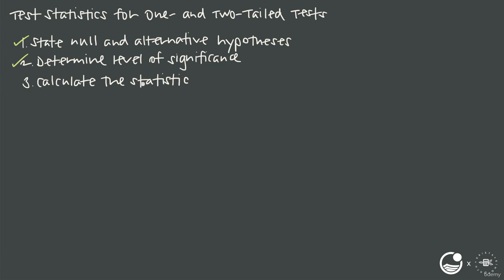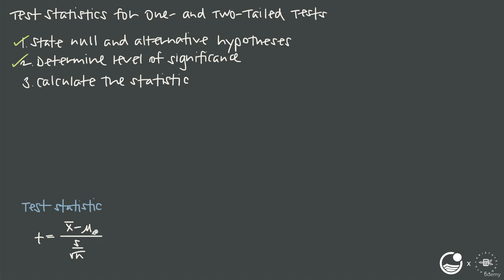Now we want to talk about the third step, which is how to calculate the test statistic. Regardless of what kind of test we're running, the short answer is that our test statistic formula is always given by this formula here. We're looking at the formula for a t-score because we're assuming that population standard deviation is unknown, which is almost always the case.